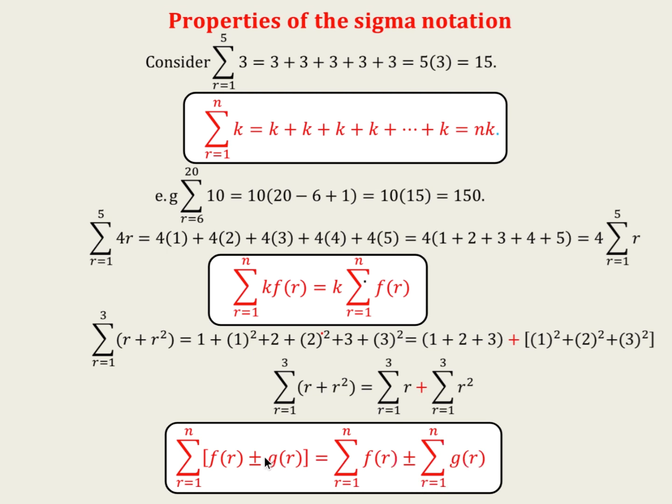Actually, this property is simply telling us that the summation sign is distributive over addition and subtraction. So if you have, for instance, a polynomial function which has many terms, you simply distribute the sigma notation to each of the terms before evaluating.